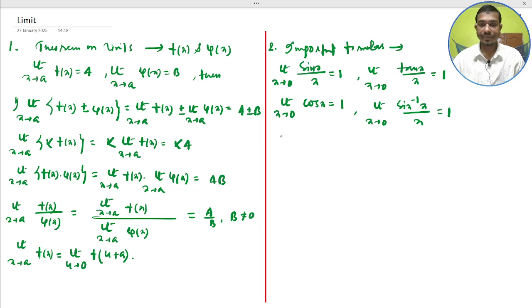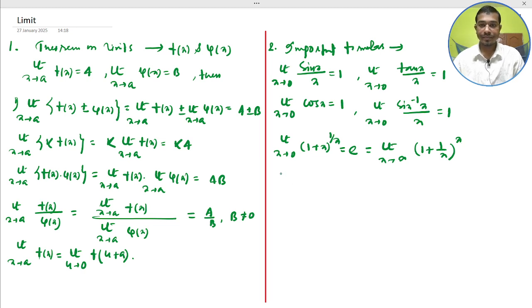Next, limit x tends to 0 of (1 plus x) to the power 1 by x, that would be e, very important, this is e, that should be equal to limit x tends to infinity of (1 plus 1 by x) to the power x.